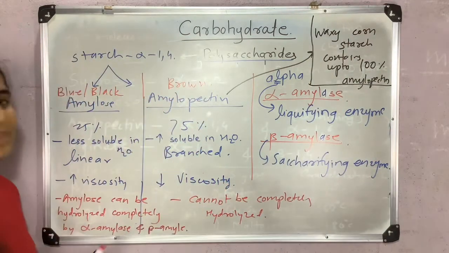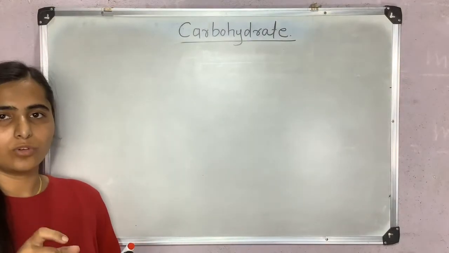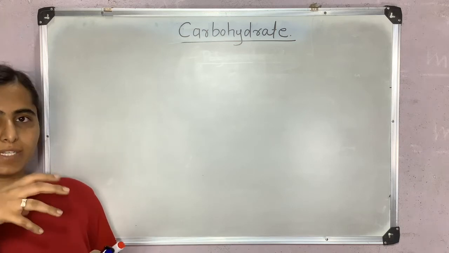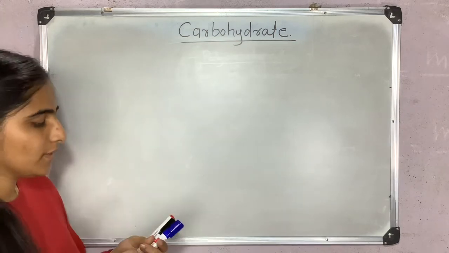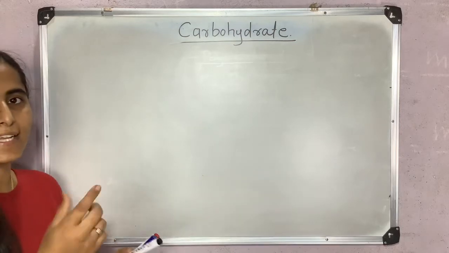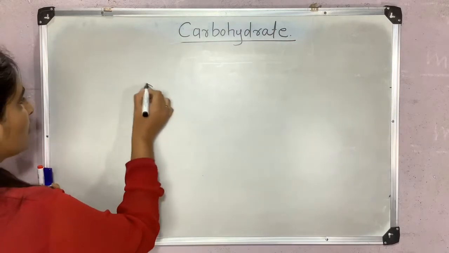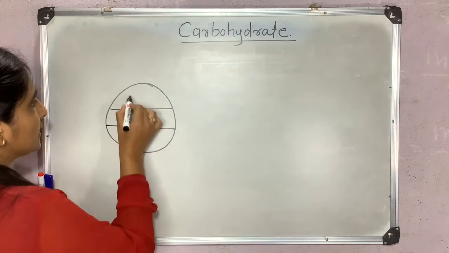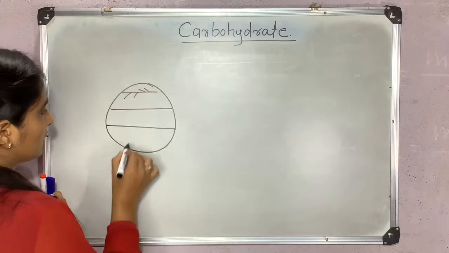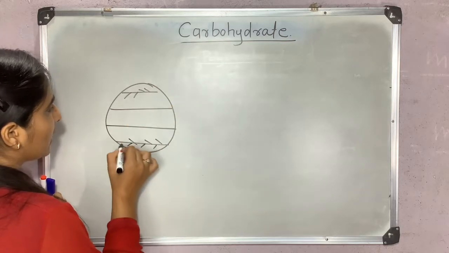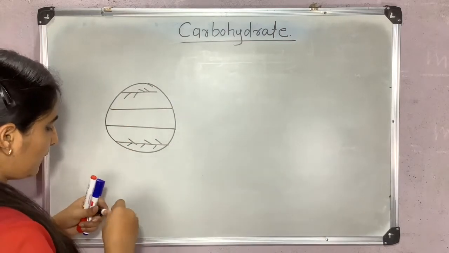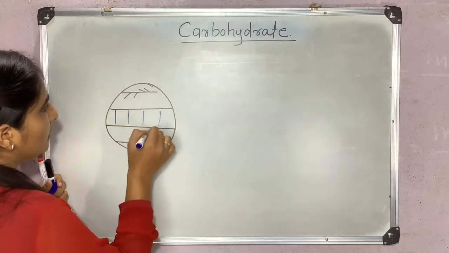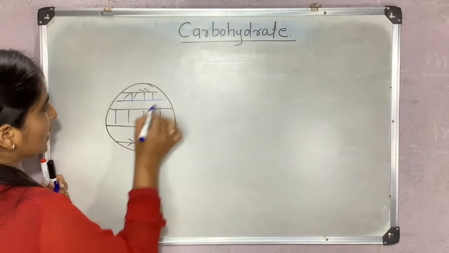Remember this. When a starch granule is placed in water, water from outside comes into that granule, in the regions between polysaccharide chains. Suppose this is a starch granule and these are linear polysaccharides. These are branched polysaccharides like amylopectin, and these are like amylose, and there is hydrogen bonding between these chains.